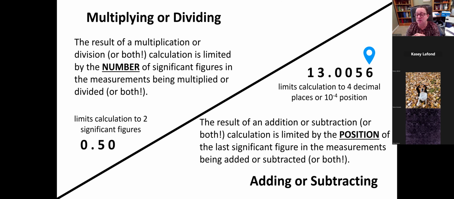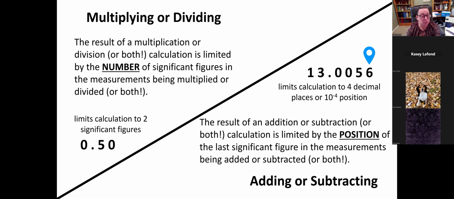It's a very small uncertainty. But if all of our other measurements that were being added together all had 5 or 6 or 7 decimal places, then this little friend here, 13.0056, would have its last significant figure in the largest position, and it would limit, and we couldn't know our answer any better than that.